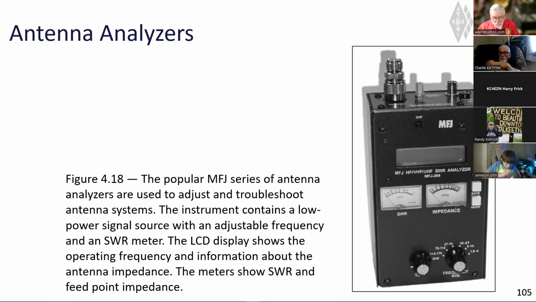The meters show SWR and feed point impedance. While popular, new ones of these are no longer available to my knowledge because Mr. Martin F. Jue has retired and the business is no longer operating.